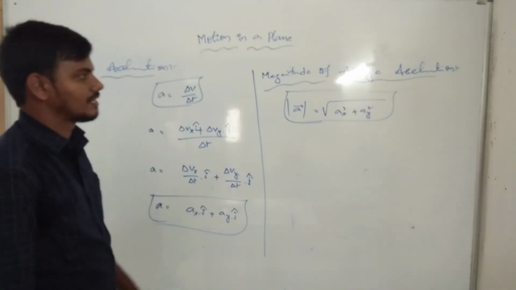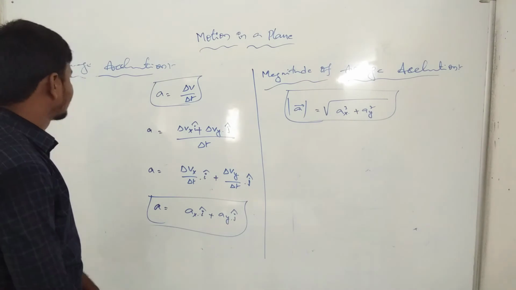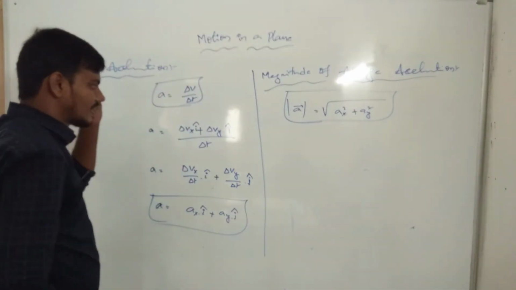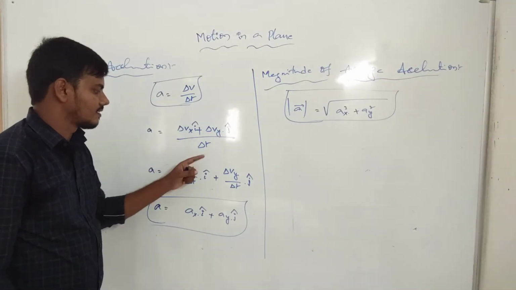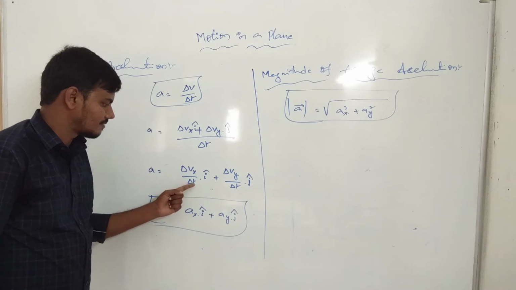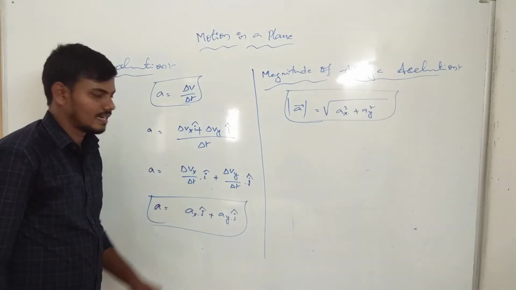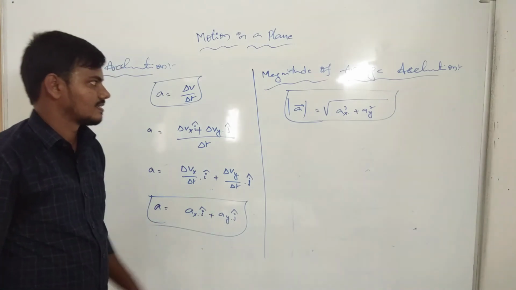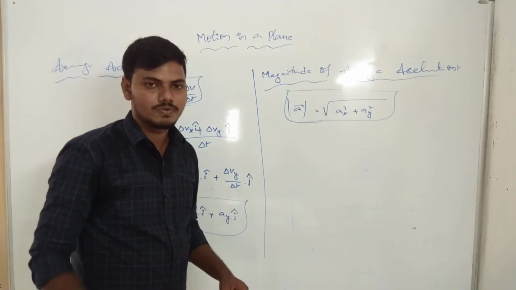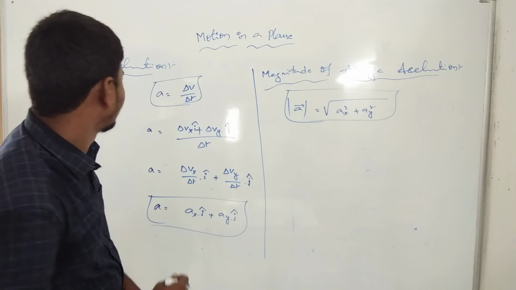This is the magnitude function. For average acceleration, A is equal to delta V by delta T, and the rate of change of velocity is known as acceleration along the x-axis and y-axis. In magnitude, mod A bar is equal to the square root of Ax square plus Ay square.